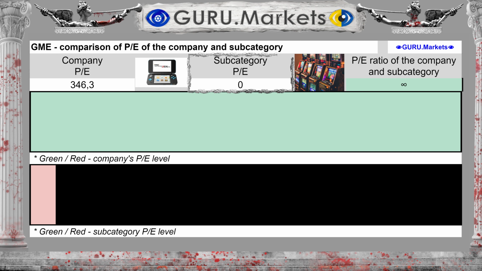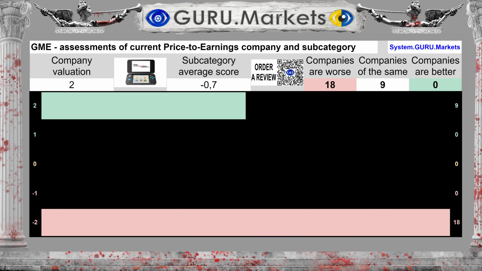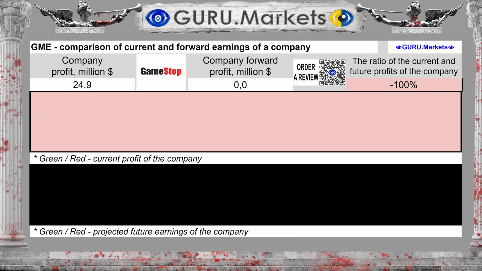The average in the subcategory is 0, which is significantly better than in the subcategory. Evaluation of the stock price to its profit ratio in comparison with the subcategory: Very good, 2 points. Profit for the last 12 months was $25 million.